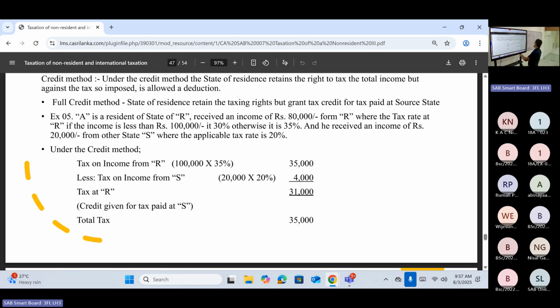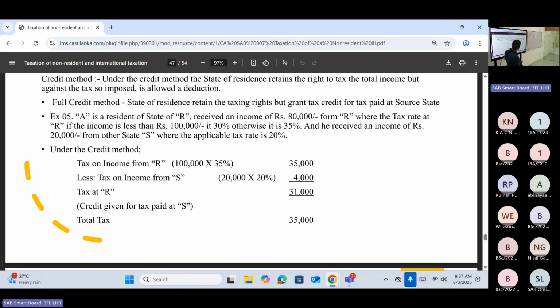In that context, total income is 100,000, which we are considering. We tax that amount at 35,000, and tax paid in the source country we are giving as a tax credit. That is full tax credit, 4,000. Therefore, his total tax to be paid in the resident country is 31,000.